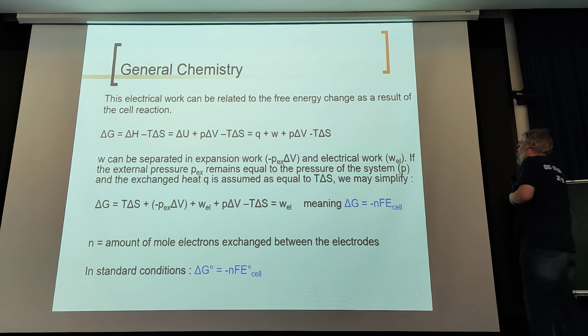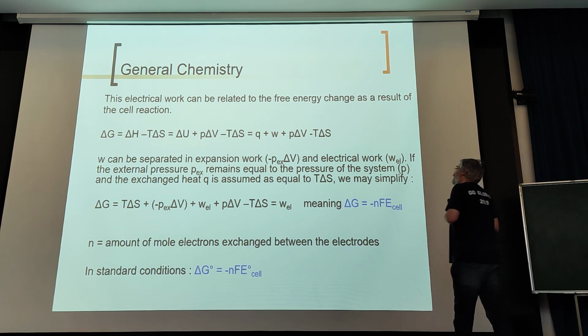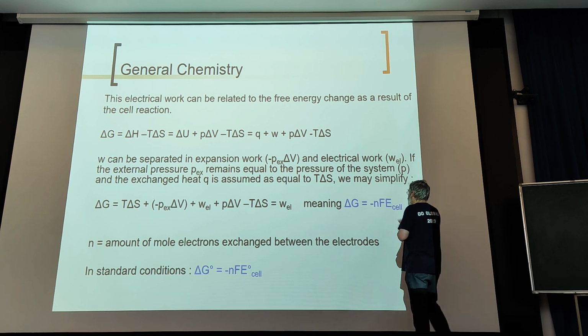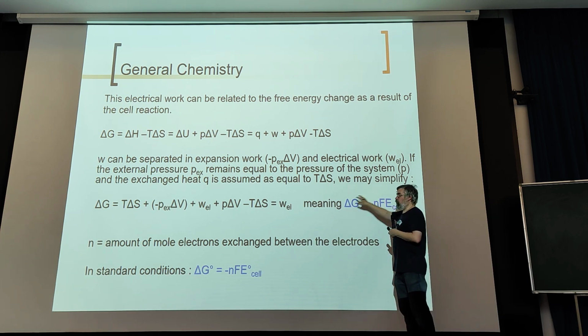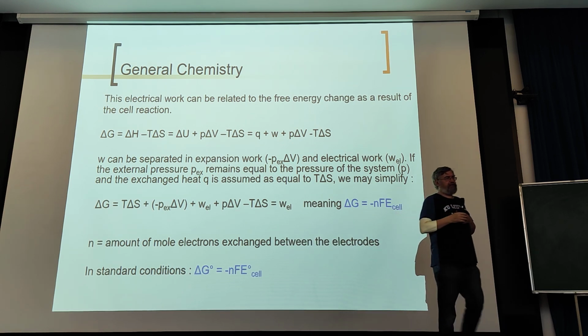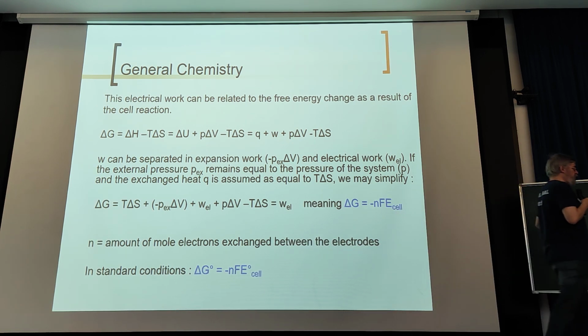And we know already that this is minus NF potential. So this now becomes one of the alternative formulations again in the context of redox reactions. So delta G is minus NF cell potential, again with N being the amount of electrons that is exchanged between the electrodes.